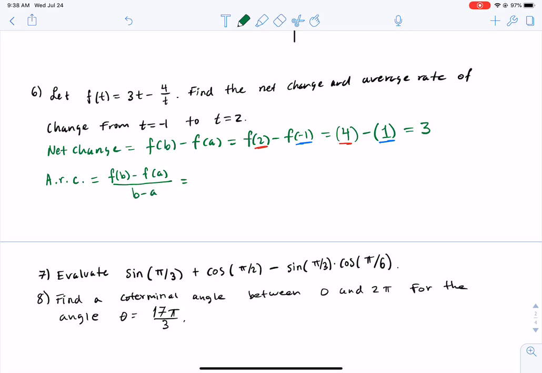So f of b minus f of a, we already saw that is going to give us 3. That's the net change on the numerator. And on the bottom, we're going to have 2 minus negative 1. So that will be 3 divided by 3. So all of this will just be 1. So this is the average rate of change.